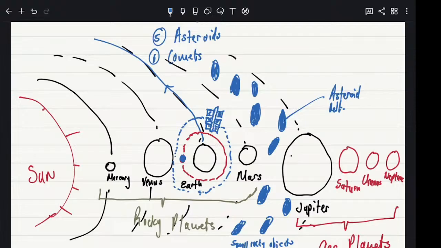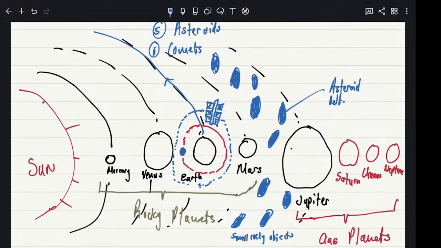Okay, just ice and dust. Are we together? Okay. Don't forget that an asteroid is a rocky object. An asteroid is found between planets 4 and 5.